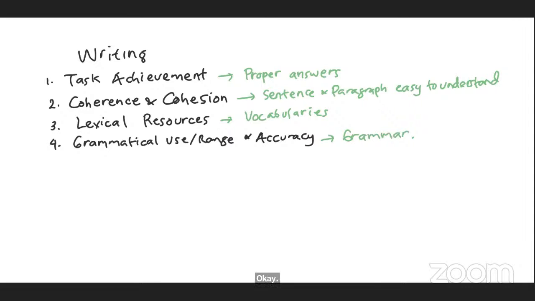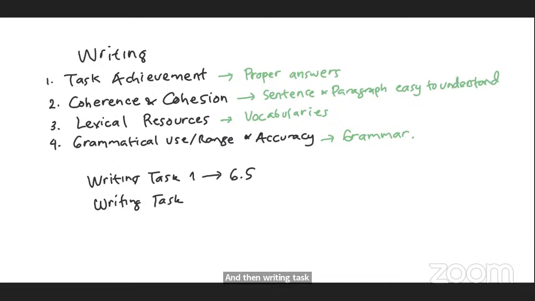Also, in giving the total score, for example, let's say in writing task 1, you got 6.5, and then writing task 2, you got 7.